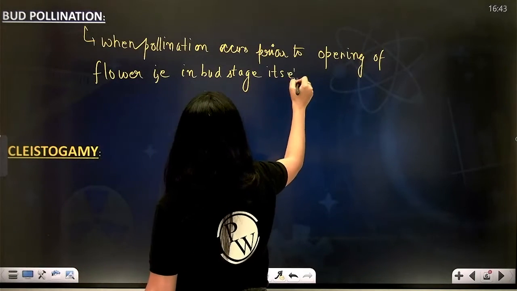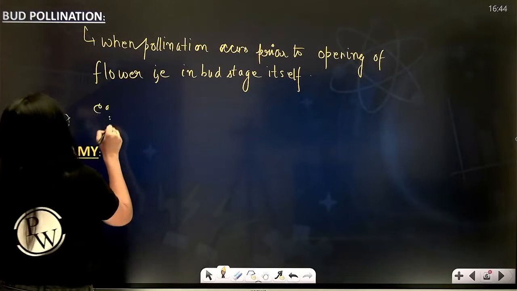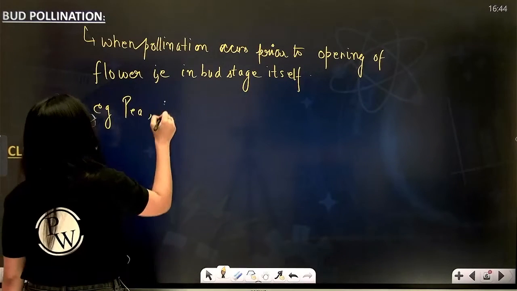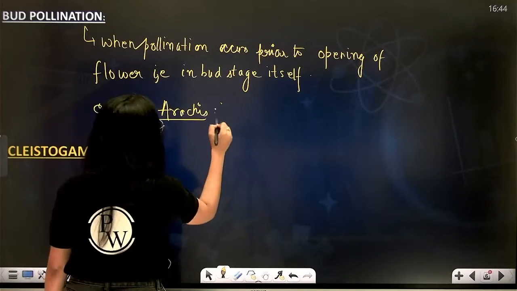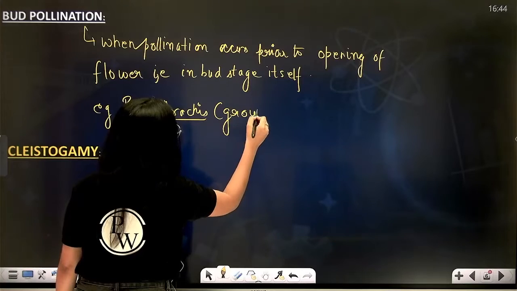Right? Like for example, pea and Arachis show bud pollination. Arachis is basically groundnut, Arachis hypogaea.